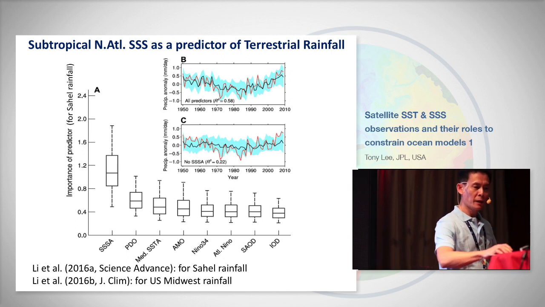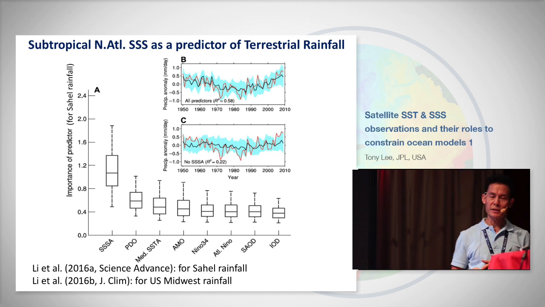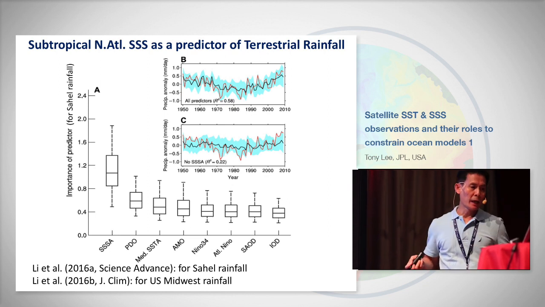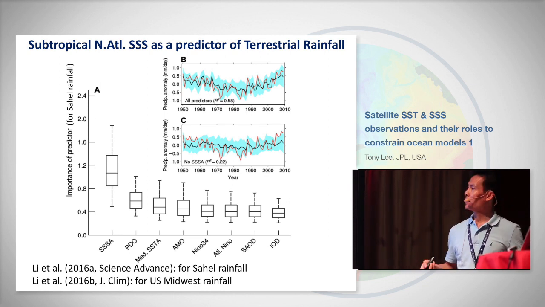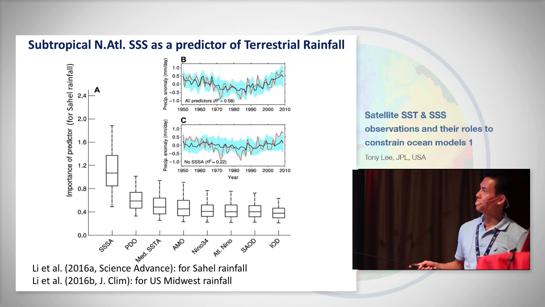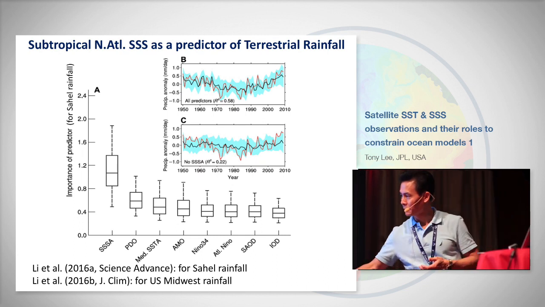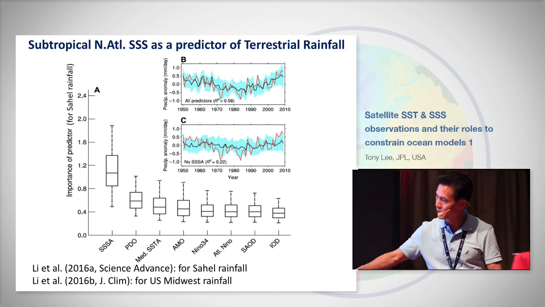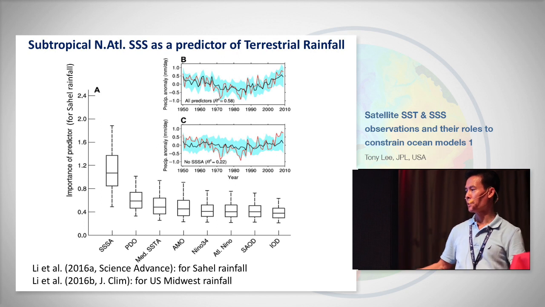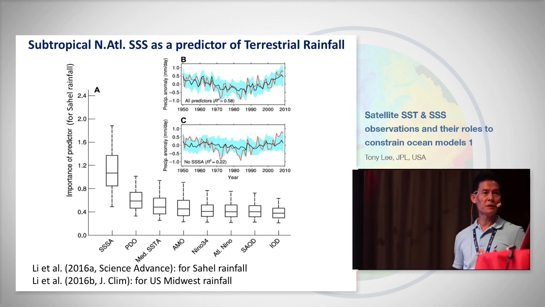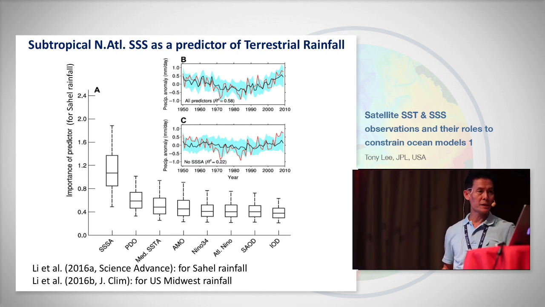In fact, the Woods Hole colleagues, Laifang Li, formerly at Woods Hole, now at Duke University, and Ray Schmitt and other Woods Hole colleagues, have a couple of recent papers using the subtropical salinity as a predictor for rainfall in the Sahel. One paper was published in Science Advances, and another in Journal of Climate, for predicting rainfall events in the US Midwest.